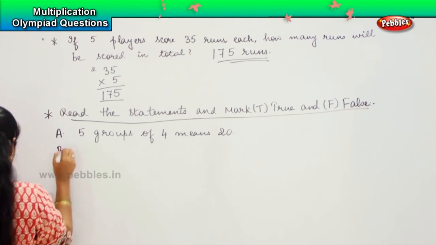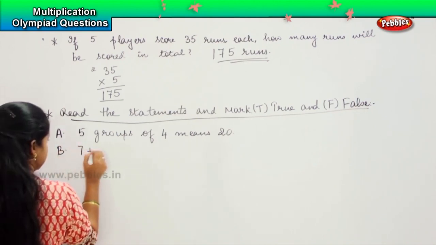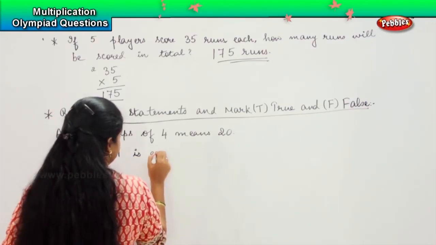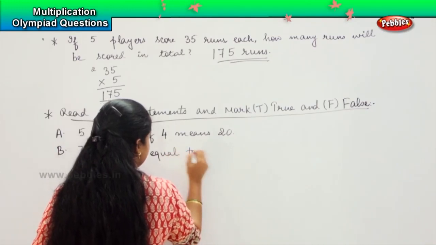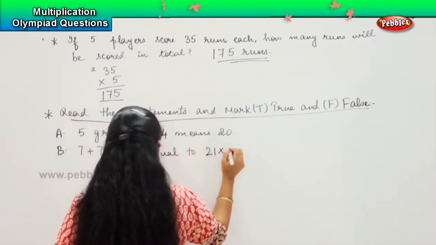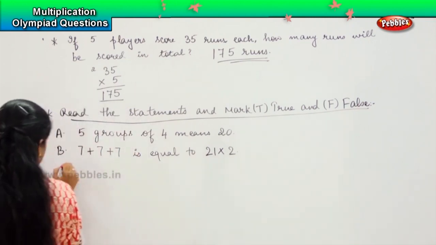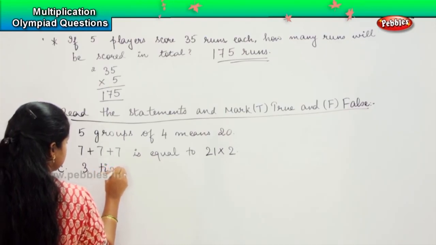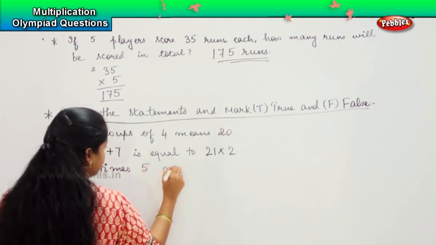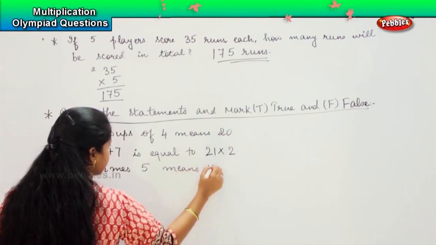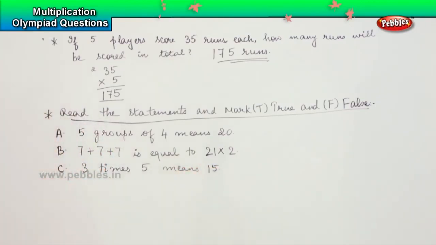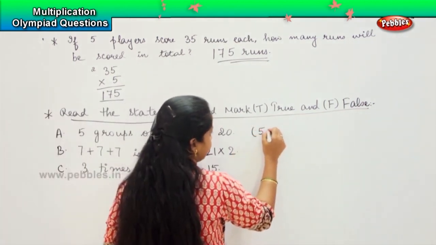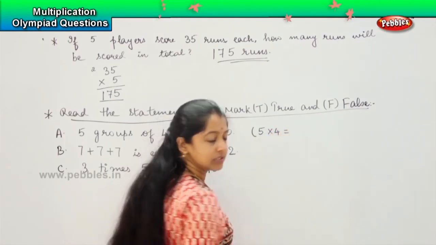Okay. The next option says 7 plus 7 plus 7 is equal to 21 into 2. Option C says 3 times 5 means 50.